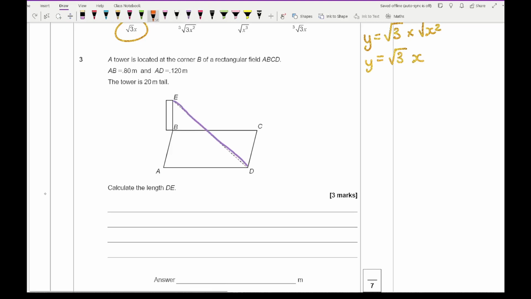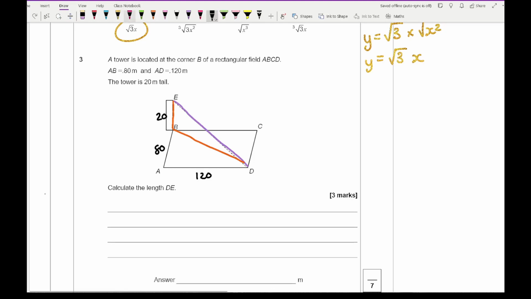Now the next thing for me then to do is to draw a right angle triangle that's connected to that purple line, which is there. And let's start by labelling the bits that I've been given in terms of the question. So I know this is 20, this is 100, that should be 80 rather. And the tower is 20.